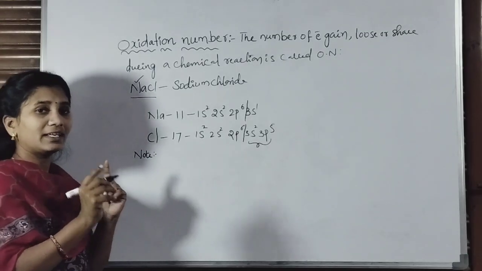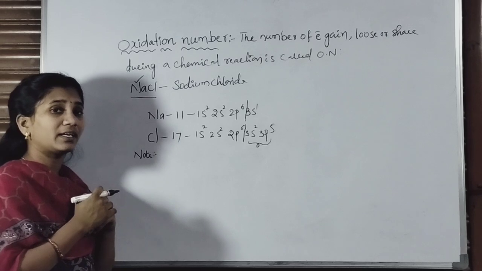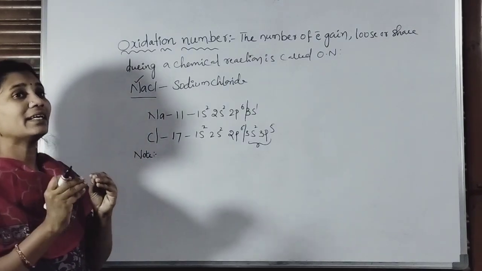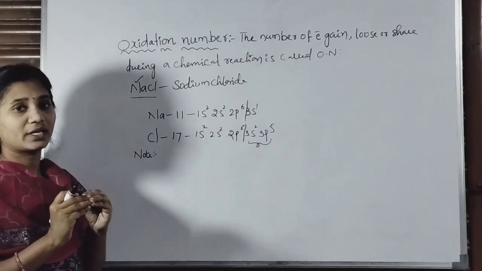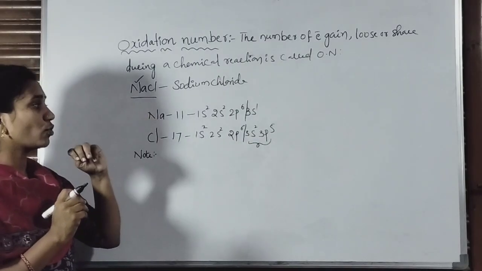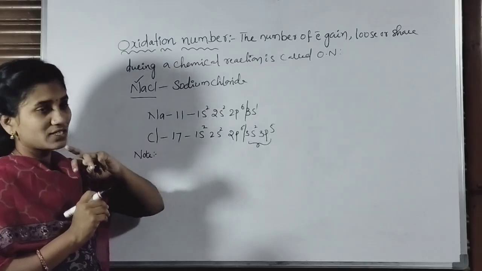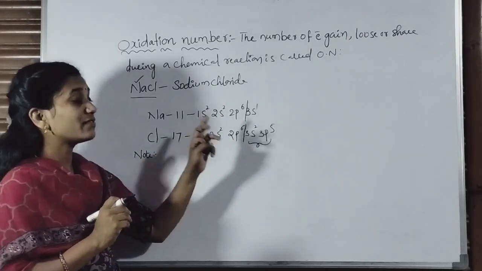Every element in nature wants to get stability. Then how do they get stability? By getting the nearest noble gas configuration. In the case of sodium we have 1 electron in the valency shell, and in the case of chlorine we have 7 electrons.